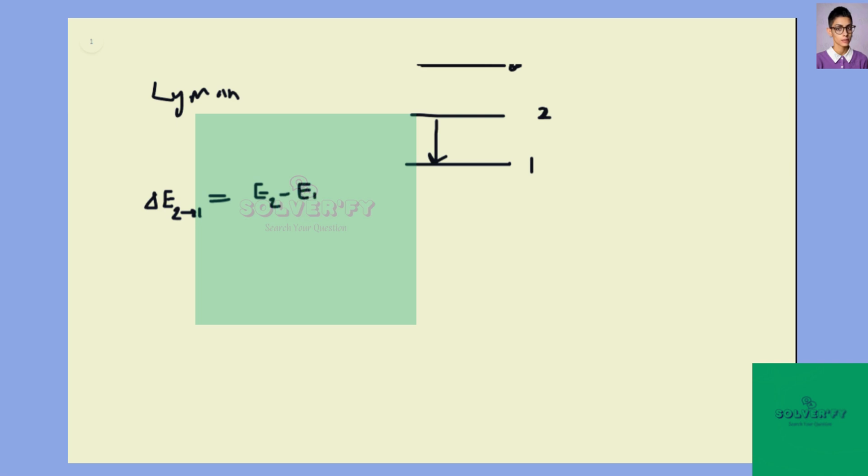The corresponding wavelength is given as c over f, or in this case we can say hc over delta E, with hf being the energy of the photon which is emitted.